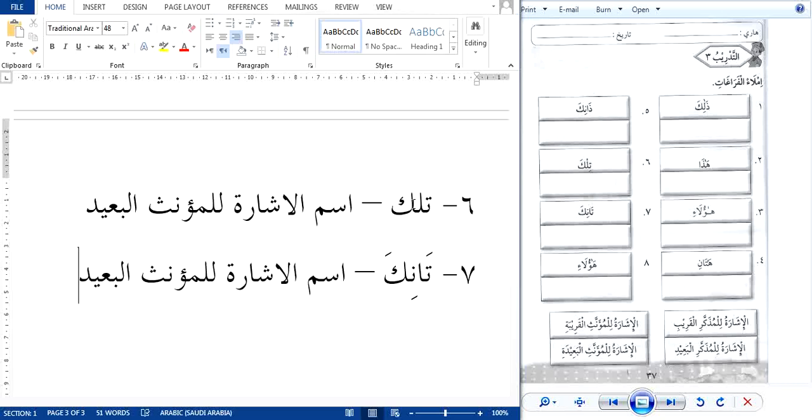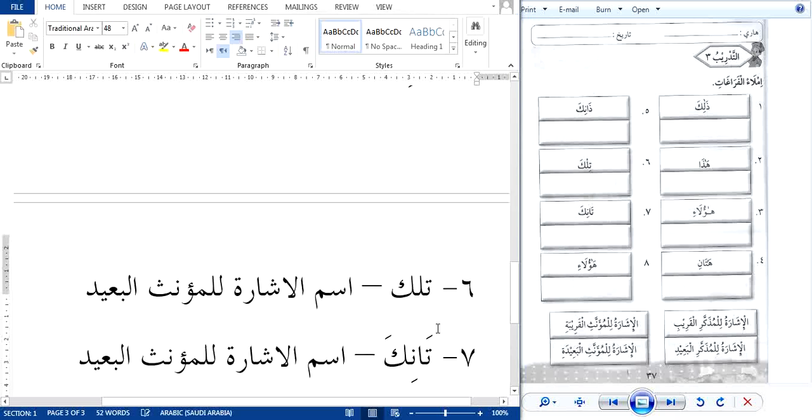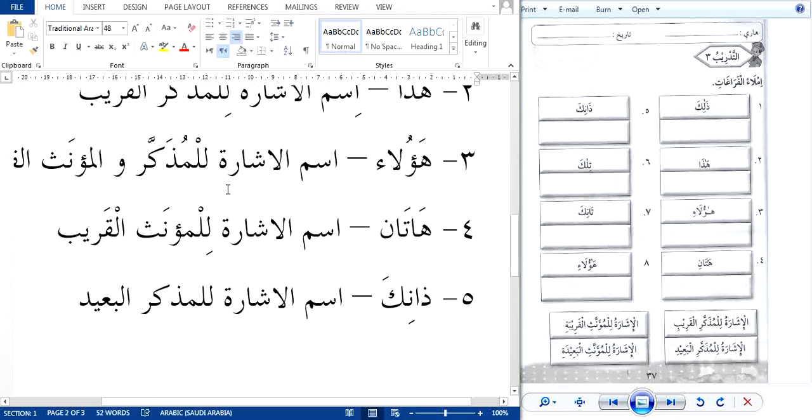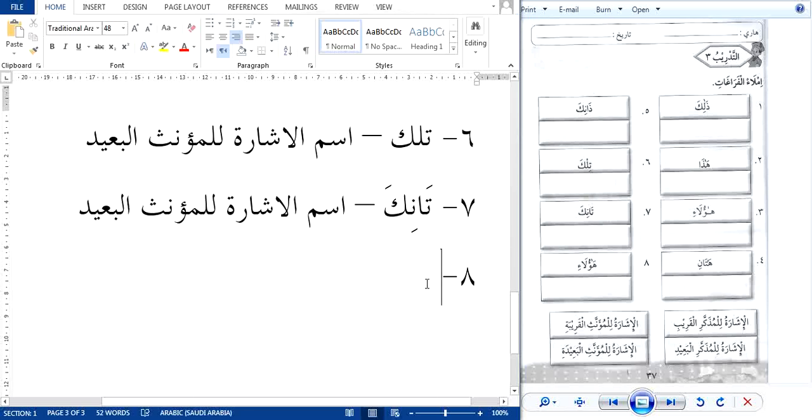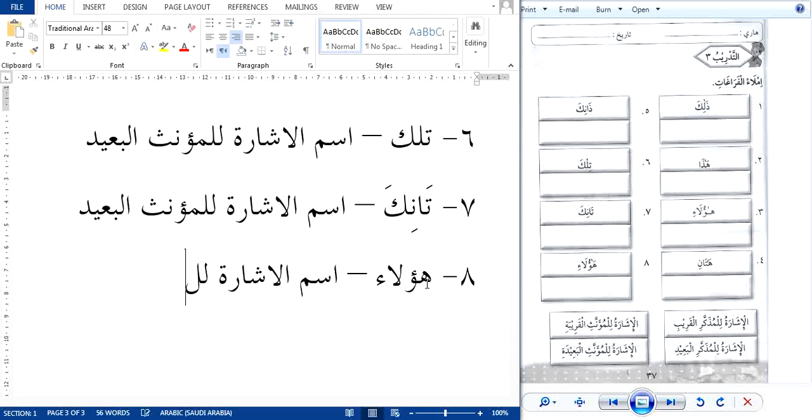Okay. الرقم 8. رقم 8 هؤلاء again is the same as number 3. So اسم الإشارة هؤلاء اسم الإشارة للمذكر والمؤنث القريب.